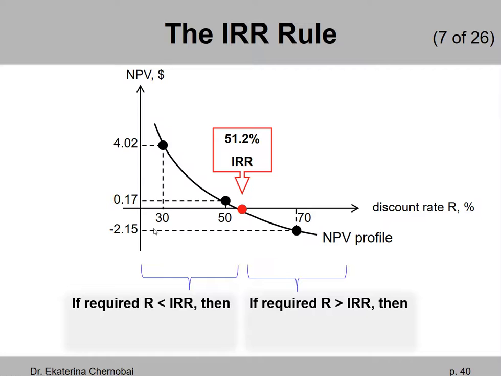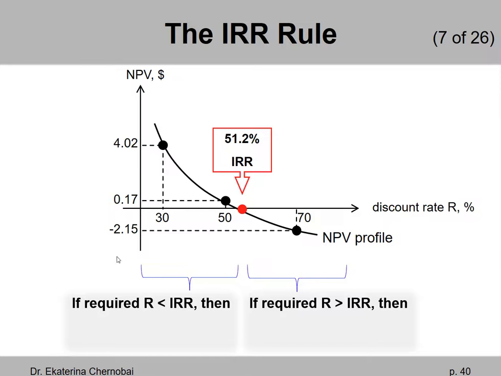If the required return, and that's the so-called external number, right? Something that is given in addition to the cash flows, right? Let's say the required return is 40%. So the required return is 40, but we are going to make a better return, 51.2% every year. So does that make our project a good one or a bad one?